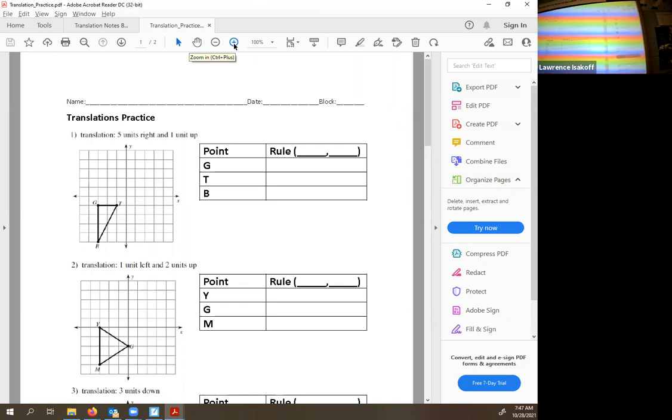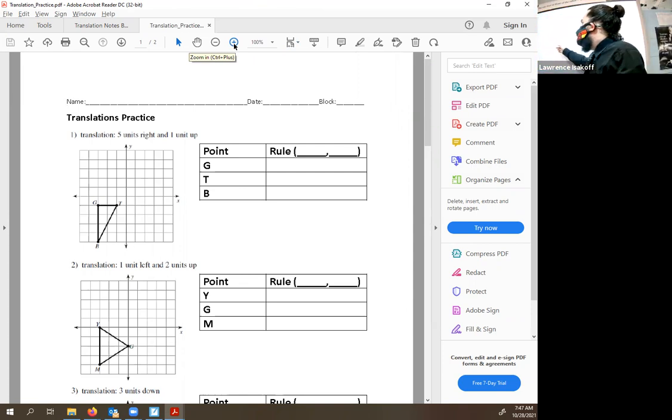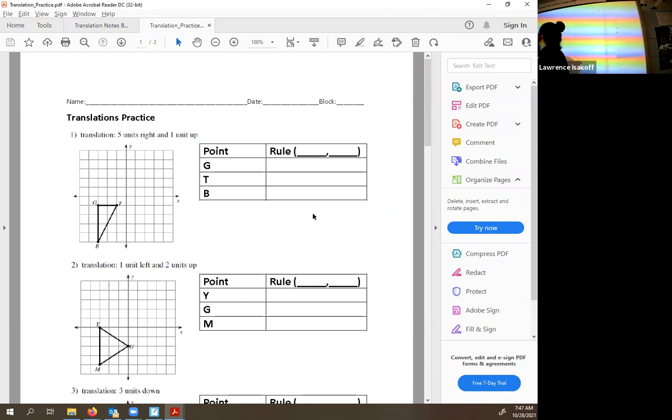Remember, when you go to the left, that's negative, right is positive, up is positive, down is negative. Then you'll come up with your rule, like, oh, X plus 5 and Y plus 1. Then you're going to take the points you have here and follow your rule to get your new points. Once you get your new points, I want you to draw your new image here.